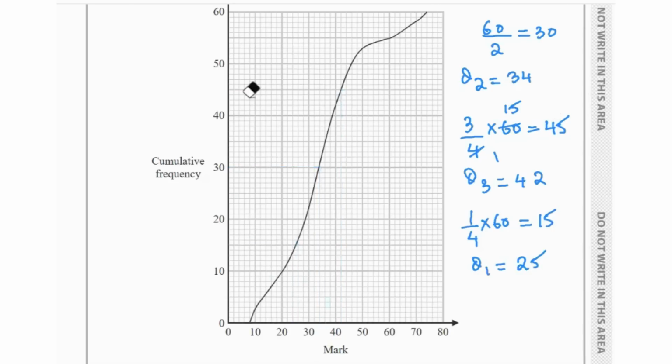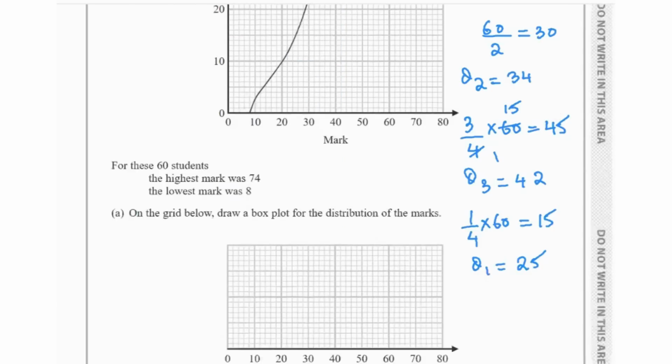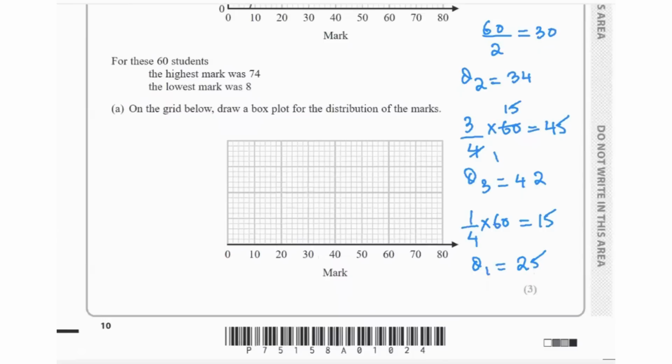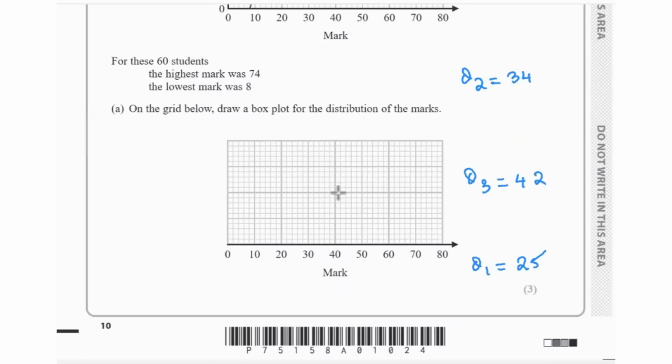So let's erase this. So we don't need this, we don't need this, and we don't need this. So the box is between 25 and 42. 25 is going to be over here, 42 is going to be over here.